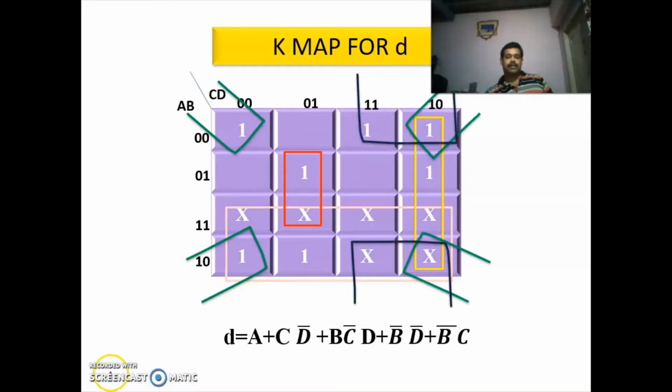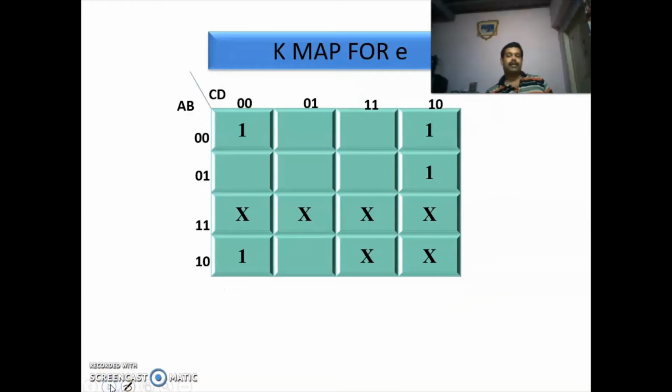Okay. So similarly, you're going for E. From the column of E, you are finding which are the ones you are having and you are grouping. So I will explain the grouping. You are having the ones like this. The 4 corners you can take.